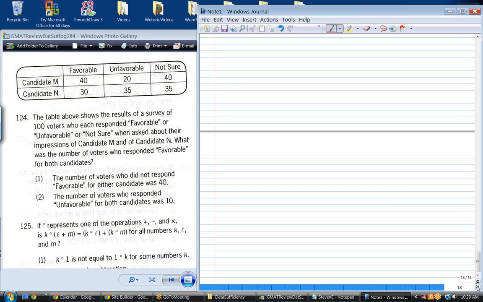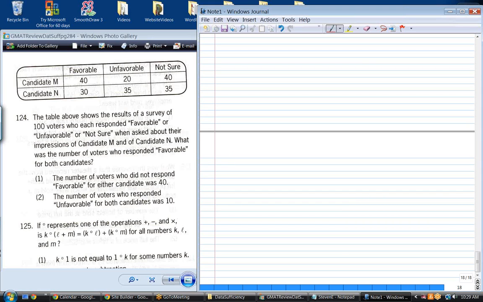I'll tell you right now, I'm not real good at these. You can see, first of all, why you can't answer it from the stem, right? You can't just add 40 and 30, because there may be some overlap.